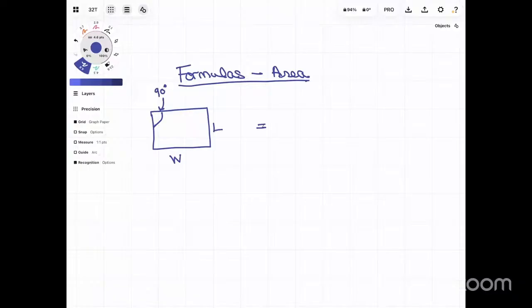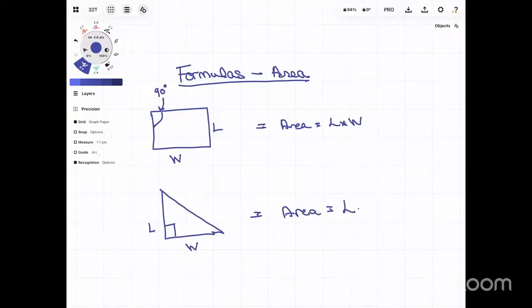So area is equal to length times width. And then they have triangle. If this was a 90-degree angle, this could be your width, this could be your length. Area is equal to your length times your width, but you're going to divide it by 2.